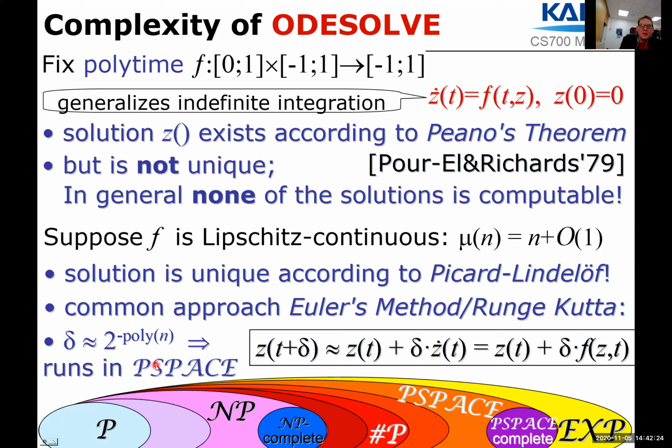So to summarize, in a certain sense, function parametric maximization belongs to this complexity class. Riemann integration belongs to this complexity class, indefinite, definite, the univariate version, and solving ordinary differential equations belongs to this complexity class, which is even larger.